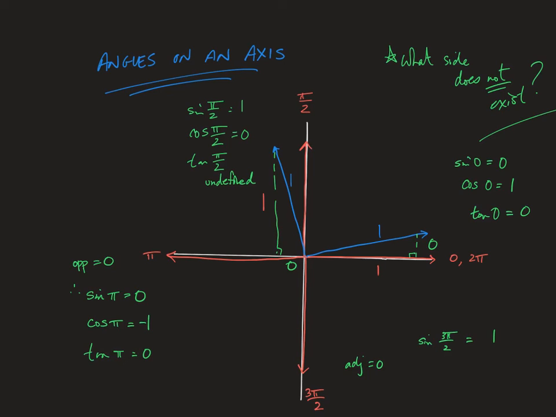I just have to remember that I'm going down, so my opposite side is negative. My cos of 3 pi by 2, cos is adjacent, and since the adjacent side is 0, it is 0. And my tan of 3 pi by 2 is asking me to take my opposite side and divide it by 0, therefore I am undefined.